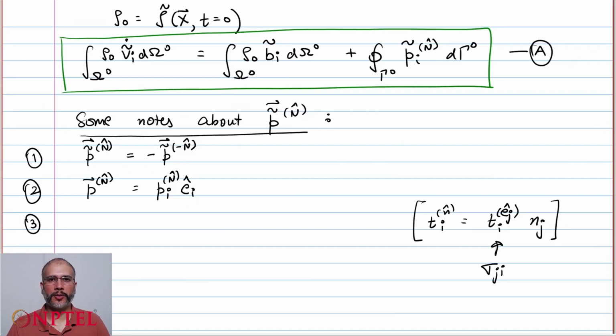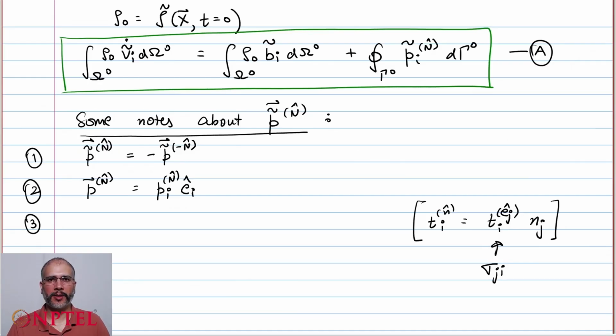So the three rows of the Cauchy stress tensor were the three traction vectors acting on the three mutually perpendicular coordinate planes. And this we had shown by doing a force equilibrium on a tetrahedral element and then contracting the element to a point.